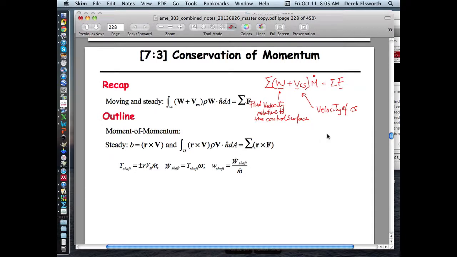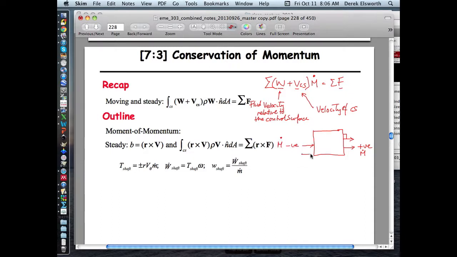If we have a volume which has fluid going into it, the sign convention here is positive for the mass flow rate. This would be negative for the mass flow rate.